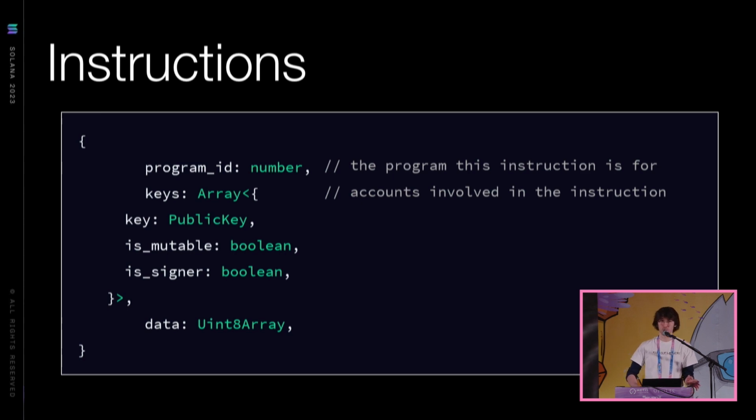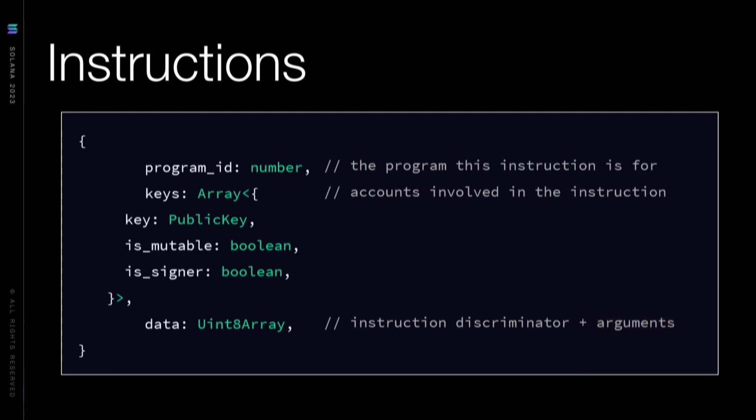And of course, this contributes pretty significantly to the performance of Solana as well, and it contributes to parallel execution in that sense. I think my slide's broken. There we go. Data is a specific instruction discriminator plus the actual arguments for the instruction that you want to execute. So this is the idea. Instructions are just calls to different programs. These are usually bundled in transactions, which execute on chain, and this is how you do things on Solana.